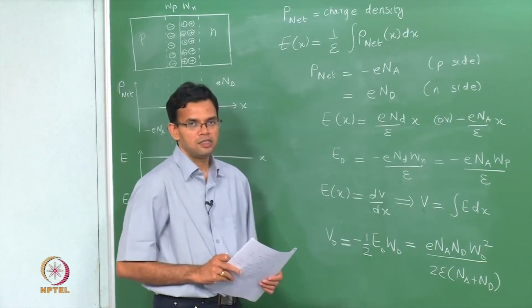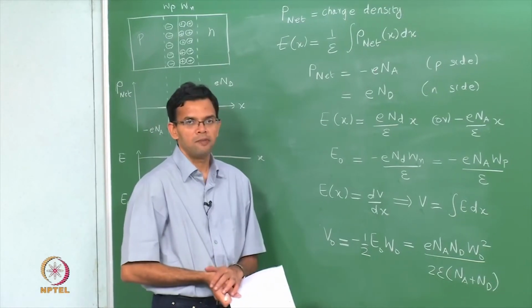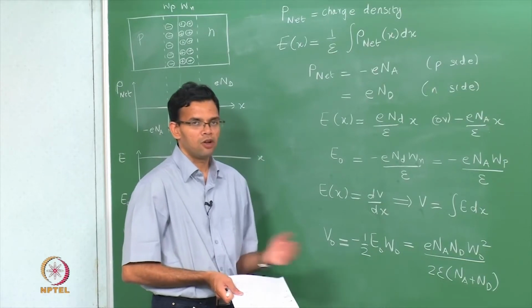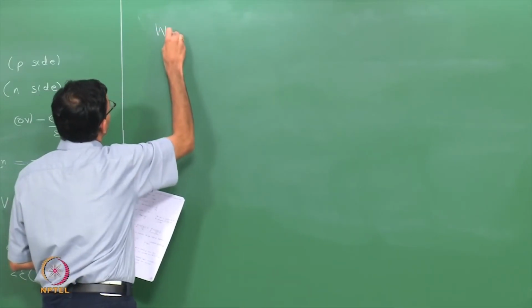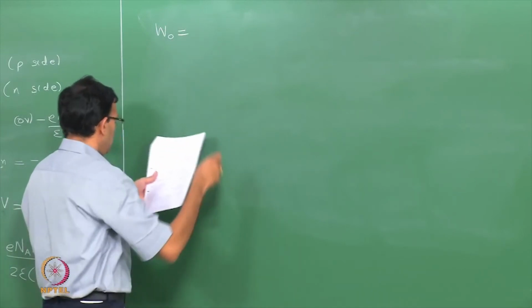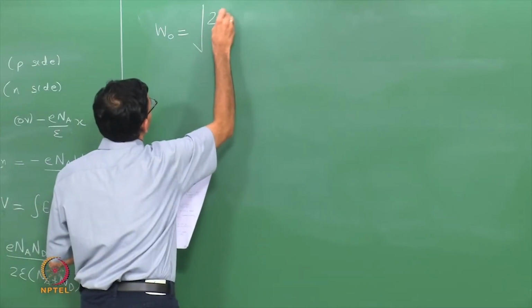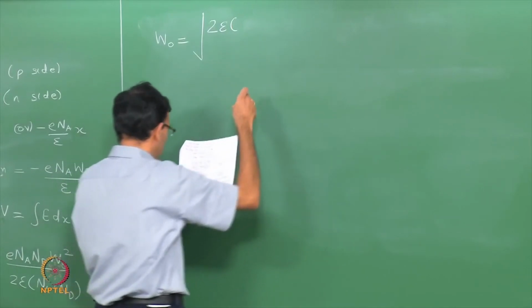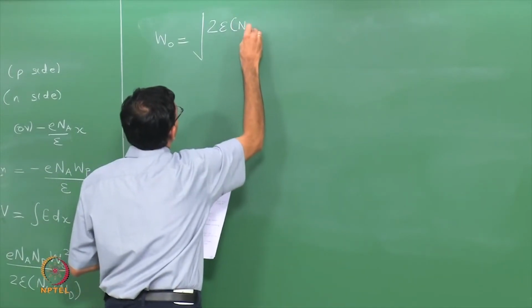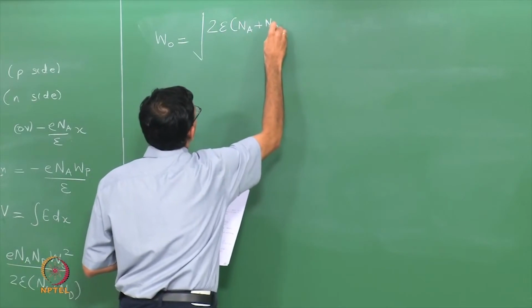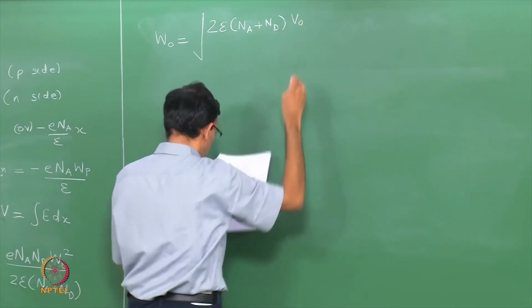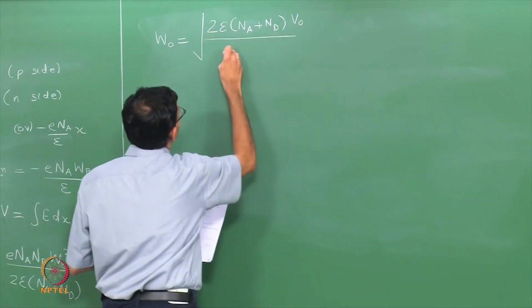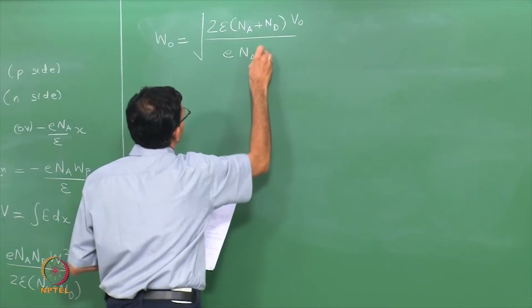Let me rearrange this to get the total width of the depletion region in terms of the contact potential. If we rewrite this expression, we get W naught is nothing but square root of 2 epsilon, NA plus ND, times V naught over E NA ND.